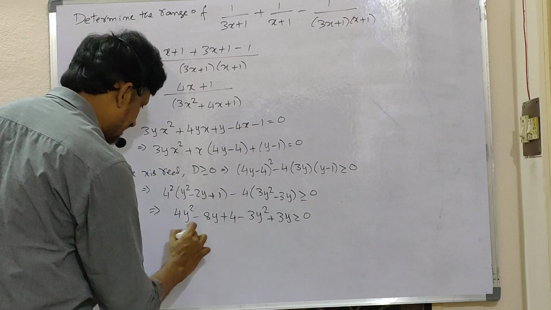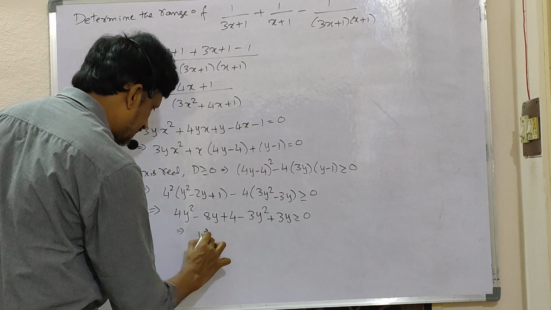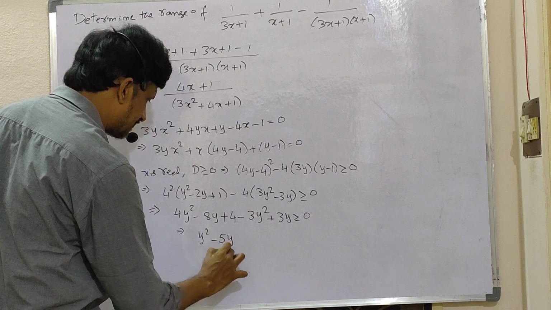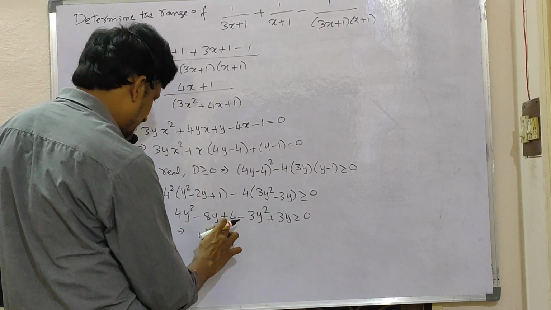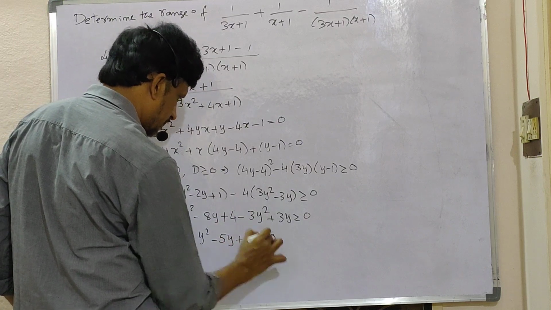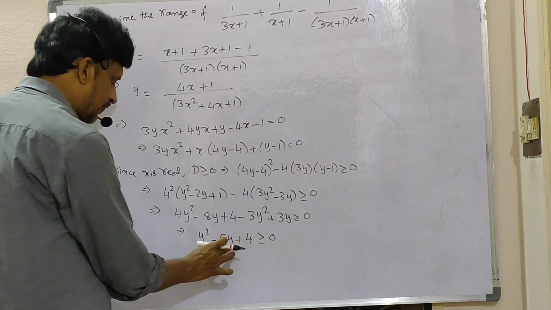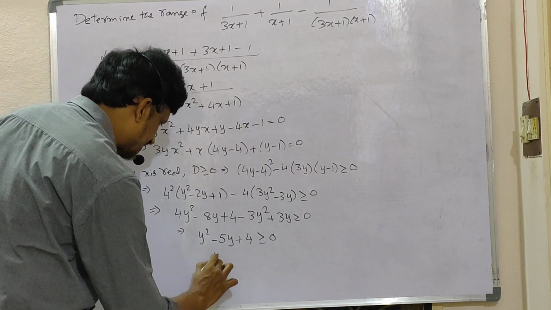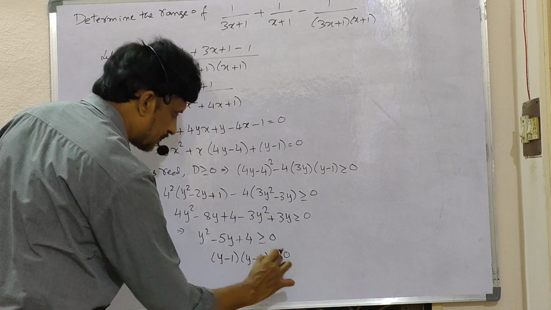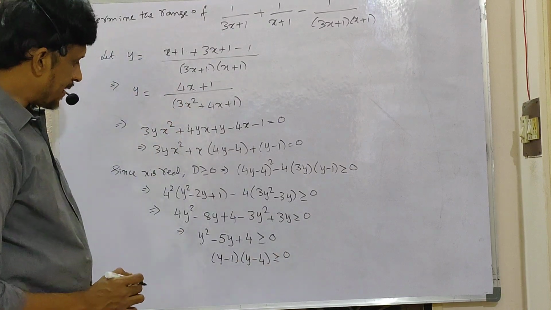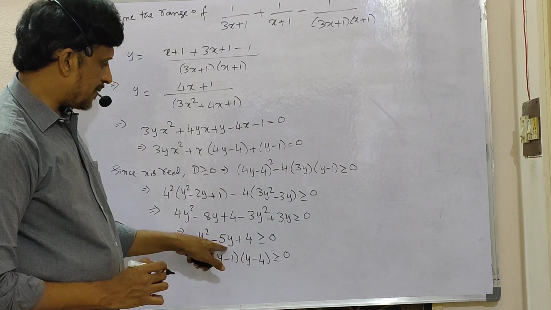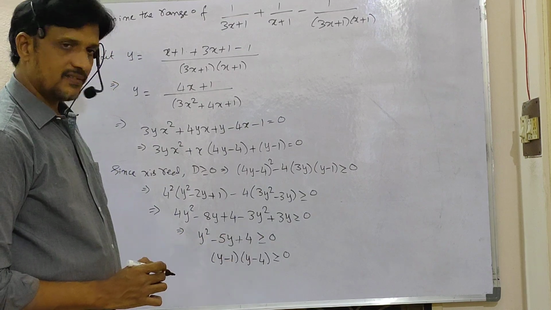Now 4y² − 3y² is y², and −8y + 3y is −5y. Now the constant is 4 plus... 4 times 1 is 4, so it is 5. So you can say it is (y − 1)(y − 4). If we multiply these two, y² − y − 4y gives −5y, plus 4.